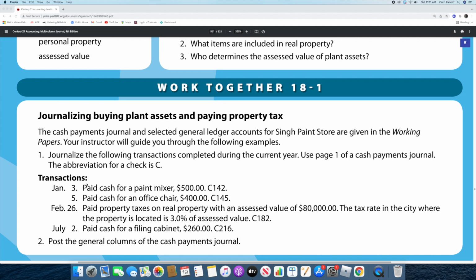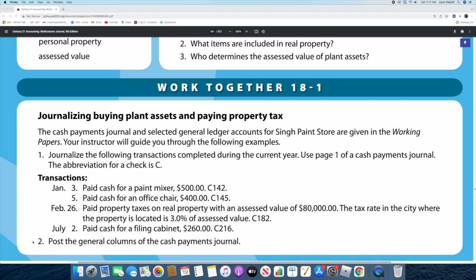Alright, so as you can see here, we are given 4 transactions, and they are dated on January 3rd, 5th, February 26th, and July 2nd. And number 2 is asking us to post the general columns of the cash payments journal to the general ledger.